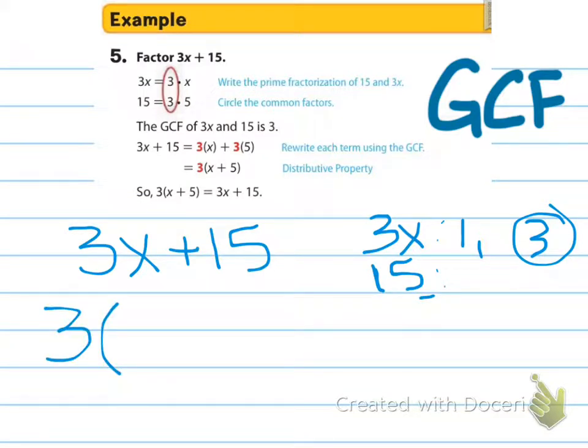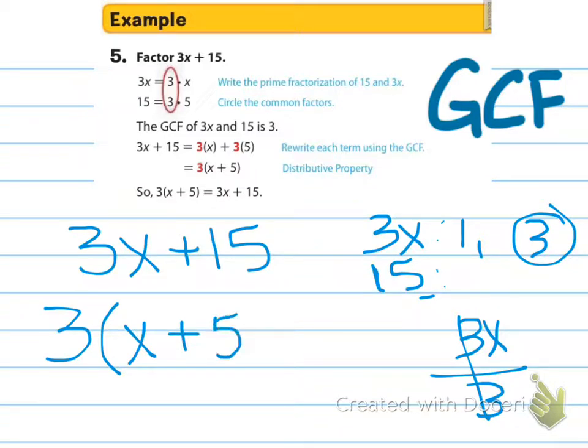Now if I do 3x divided by 3, let me just show you what that would look like. 3x divided by 3, these 3's cancel out, remember? And so you're just left with 1x, or just x. And then 15 divided by 3 is 5. Again, remember how I told you that you can check your work by redoing your distributive property to make sure that if you were going backwards it would still work, and that would still make 3 times x, which is 3x, and 3 times 5, which is 15.